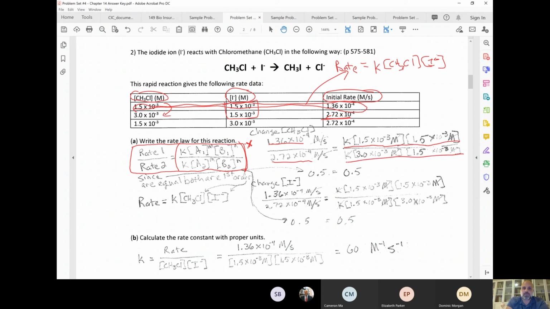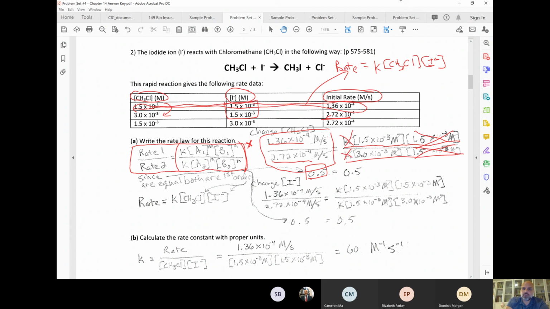And I'm going to compare them. So when I take 1.36 times 10 to the minus 9th and divide the two, I end up with a ratio of 0.5. Then on the other side, you can see that these 1.5s cancel each other out. The k's cancel each other out.